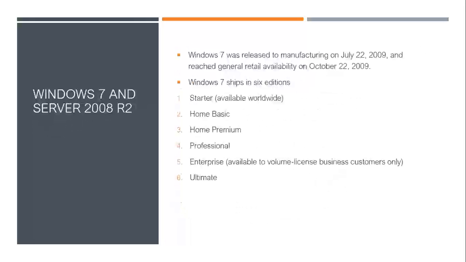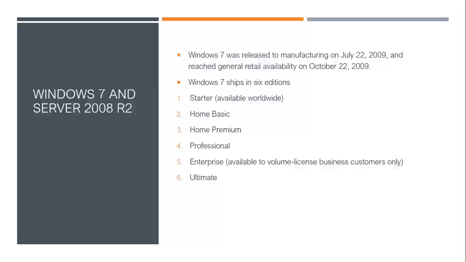After that, Windows released the best version and the best GUI version, Windows 7. Windows 7 was released in July 2009, and the general retail availability was in October 2009.